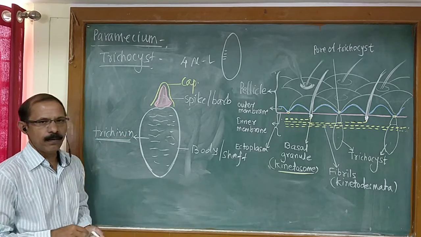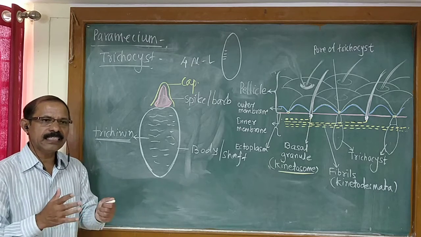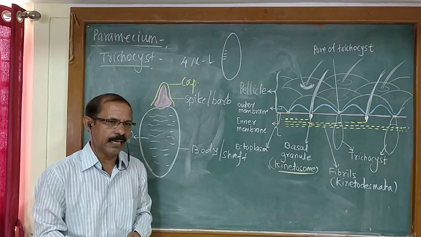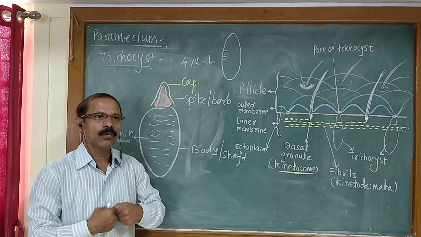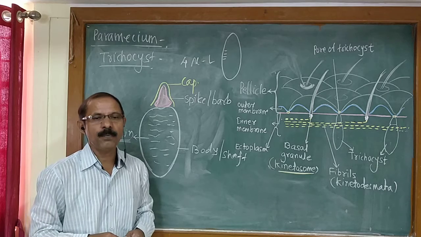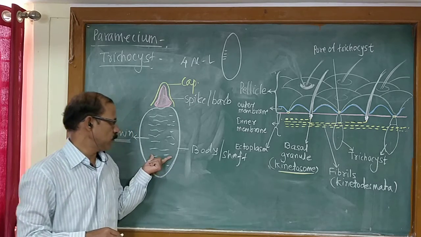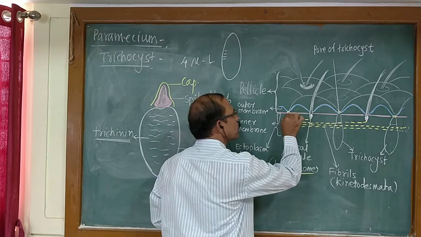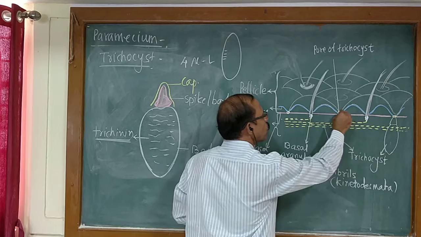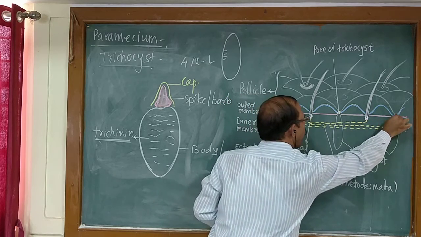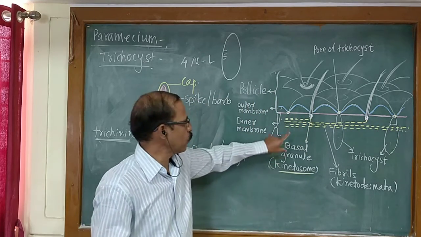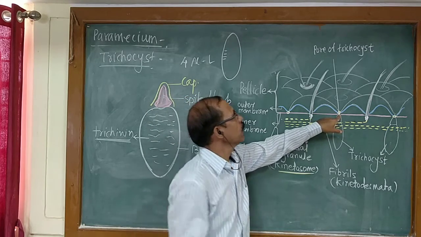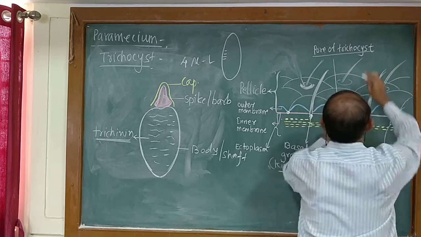Now, when paramecium gets disturbed, or feels any enemy attack, it throws out its trichocyst out of the body through the pellicle, because trichocyst opens to the outside on the pellicle by means of a pore, called the pore of trichocyst.